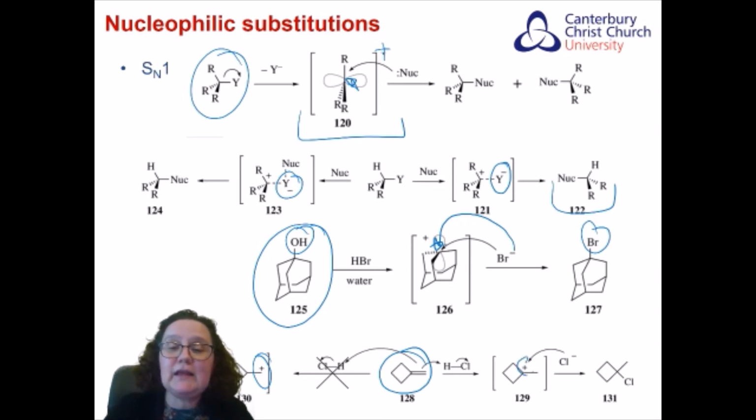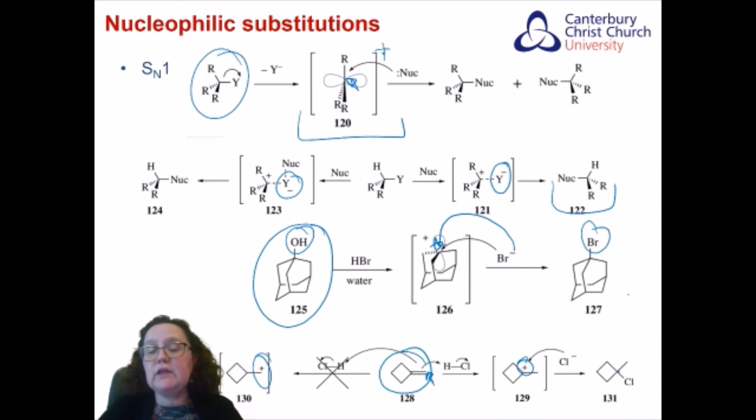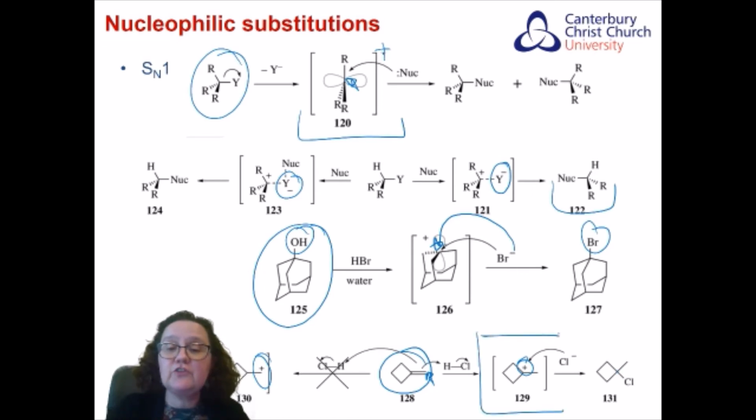This one here is much more stable, so the substitution will not happen here on this carbon. The chlorine atom will go to the carbon part of the ring, and that is because this intermediate of reaction, of the two possible carbocations you can form, that one is the most stable one, so the one that will form.